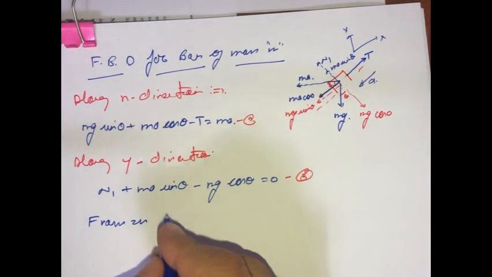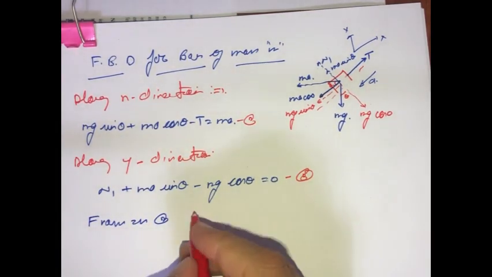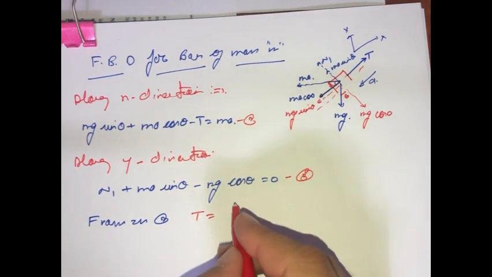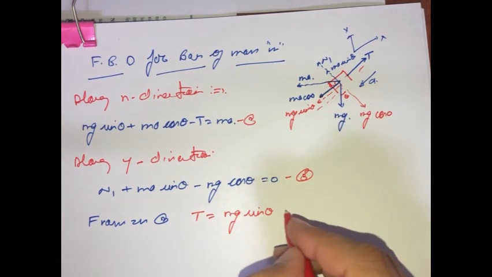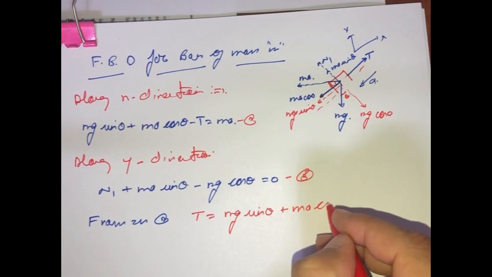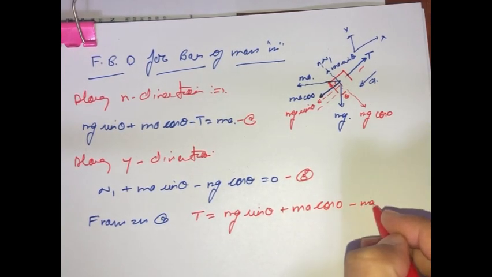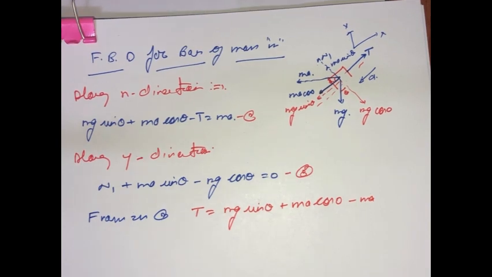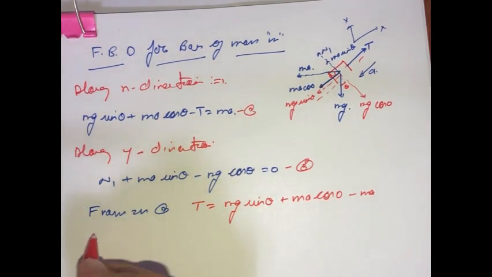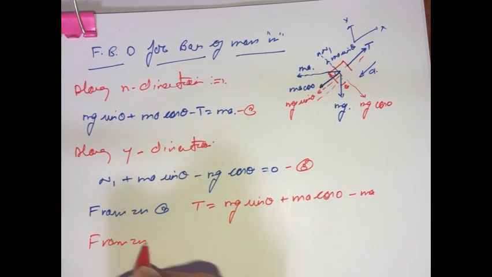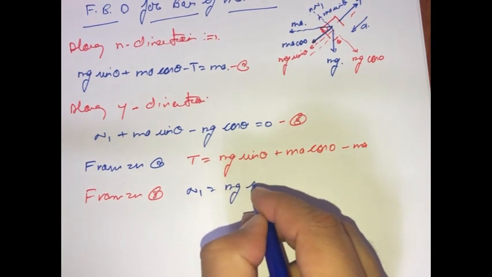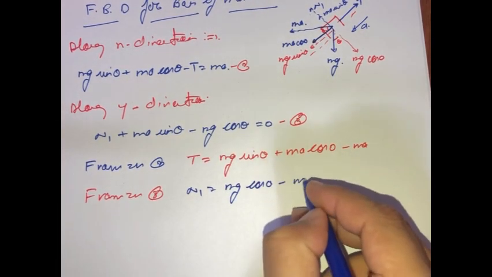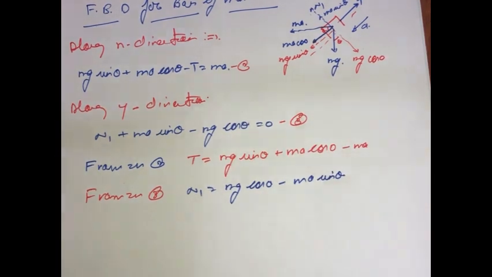From equation 2 we get T is equal to mg sin of theta plus ma cos of theta minus ma, and from equation 3 we get N1 is equal to mg cos of theta minus ma sin of theta.